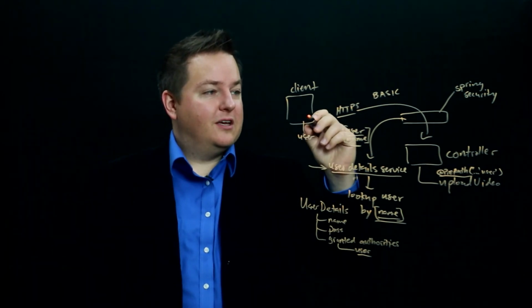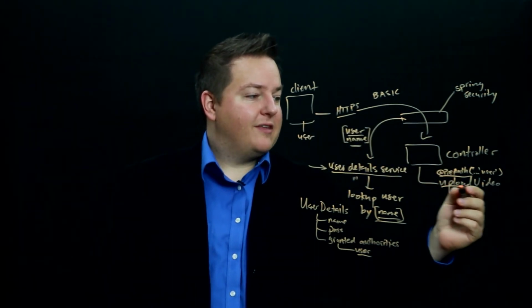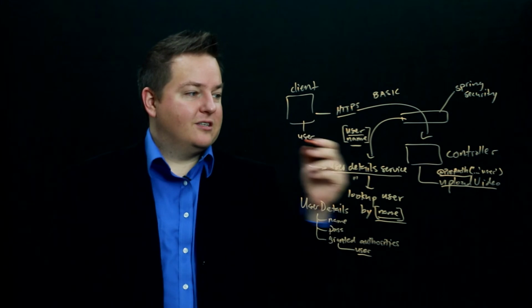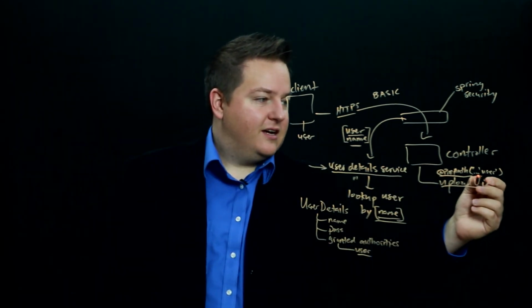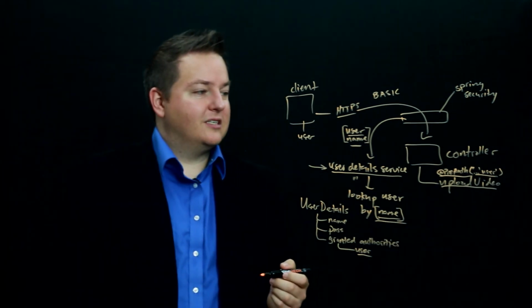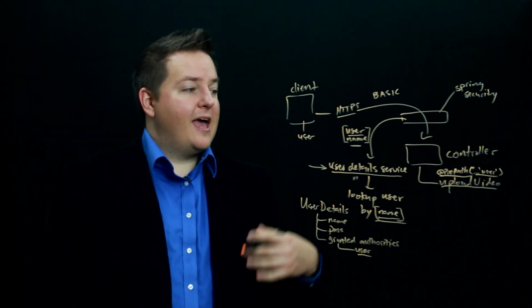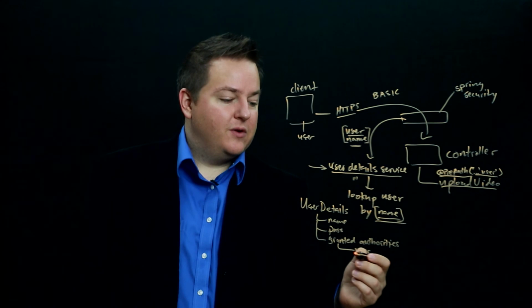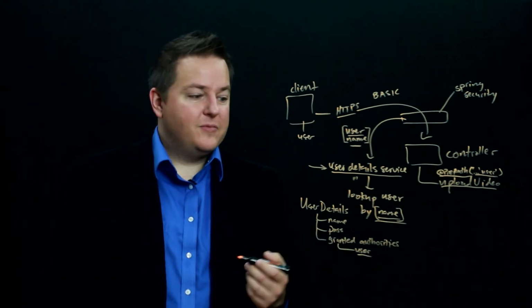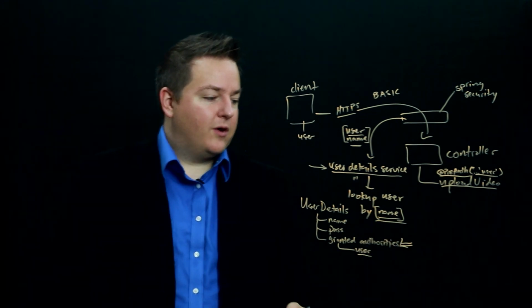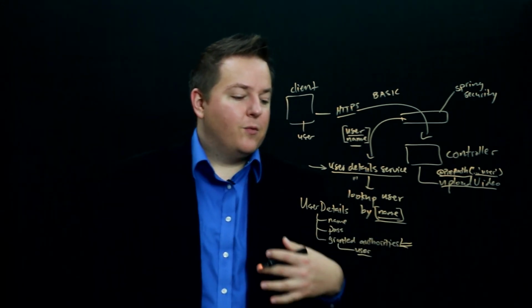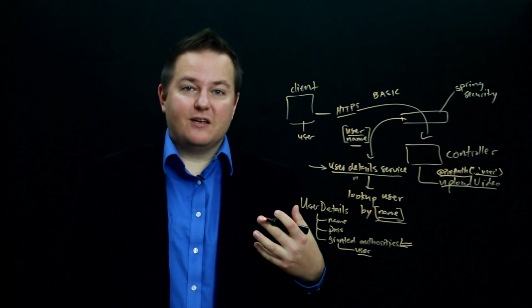So when a request comes in, it can look at the method that the client is trying to invoke, look up their account and say, does the security expression that you're specifying here, like hasRole user, match up to the granted authorities in the account? So this is a way of providing attributes or information about what are the capabilities of that user's account.